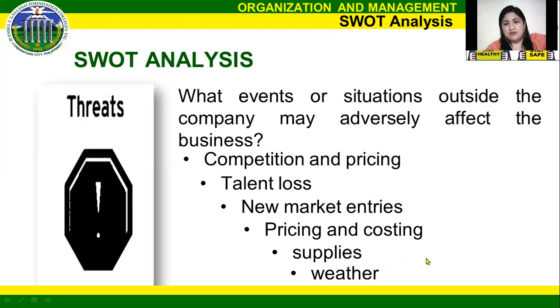Paano ngayon ang gagawin mo? Kailangan mo magtaas ng presyo mo. So, posible na maapektuhan yung klase ng consumers or customers na dati kang tinatapatan. Baka lumipat sila sa mas mababa ang presyo.